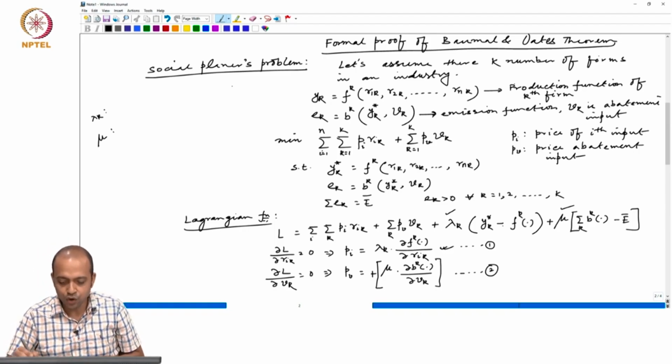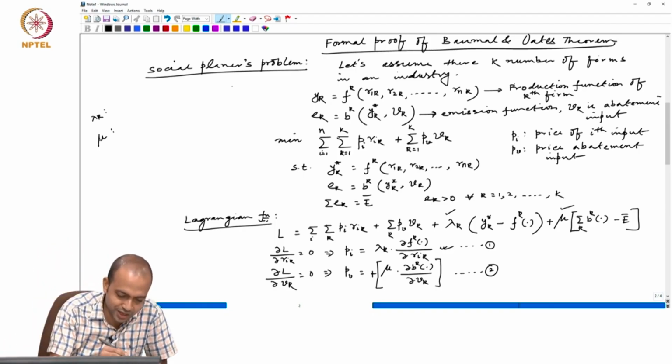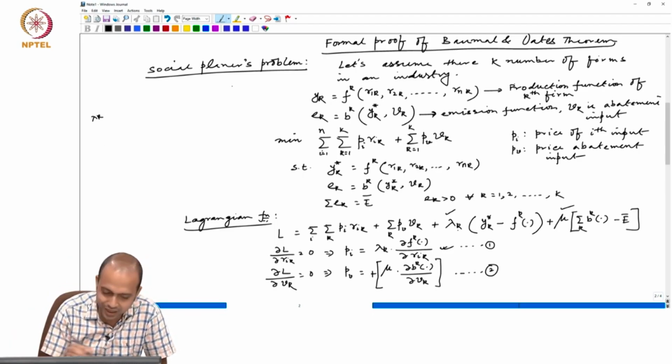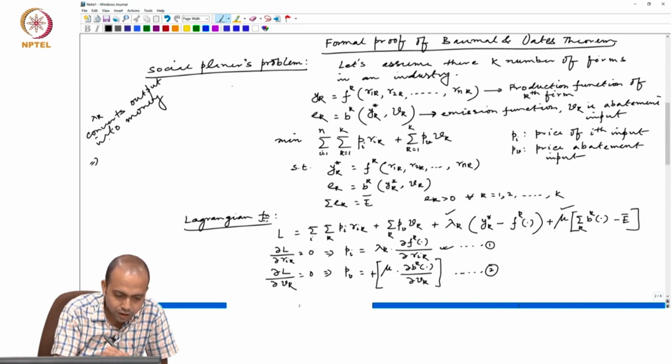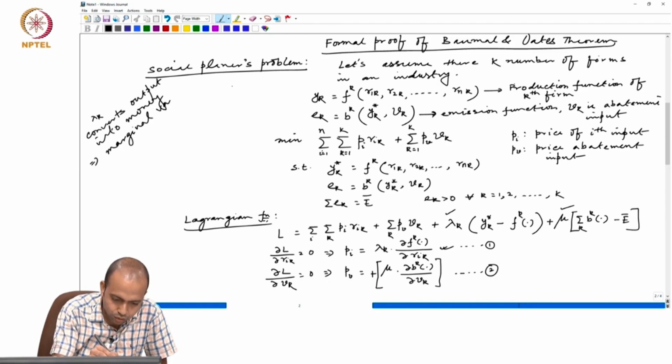When you convert output into money, lambda k converts output into money. Then lambda k would be the marginal value of output.